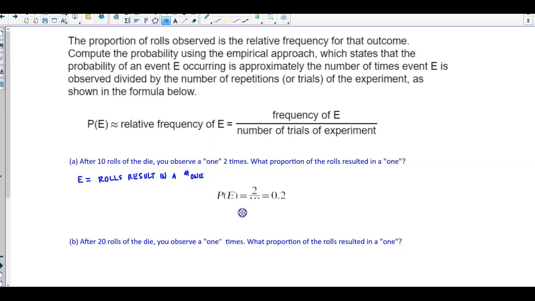So that means that we have the probability of that event E. The probability of that event E is telling us how many times do we observe a 1? Well, you observe a 1 2 times. So therefore 2 is in the numerator. And how many rolls are there? Well, there's 10 rolls. So therefore 2 over 10 is going to give us 0.2.